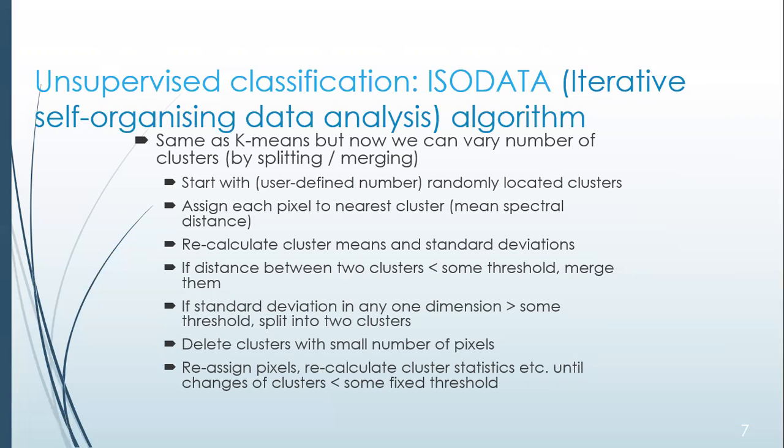Same as K-means, but now we can vary the number of clusters by splitting or merging. Start with a user-defined number of randomly located clusters. Assign each pixel to the nearest cluster, by mean spectral distance. Recalculate cluster means and standard deviations.